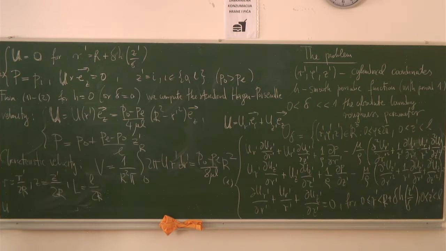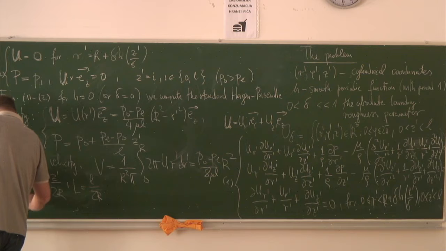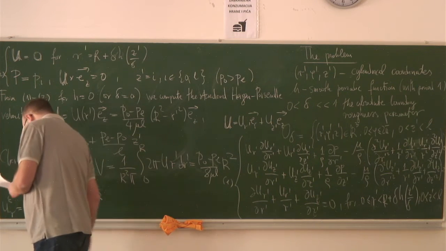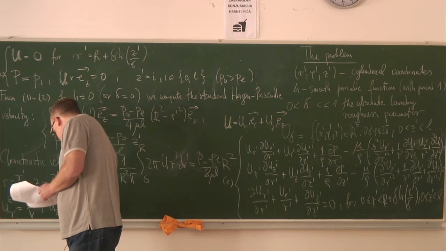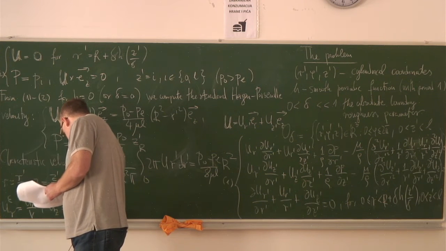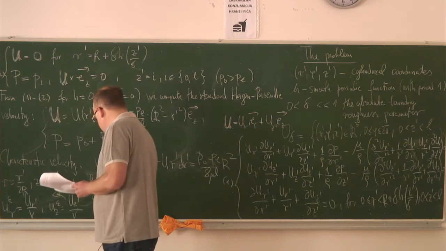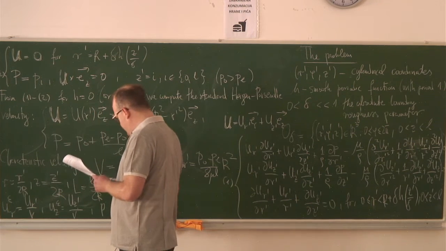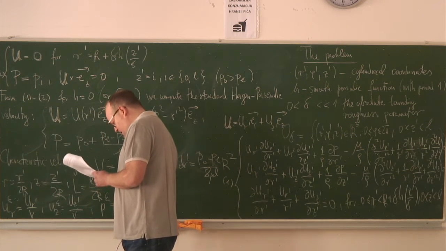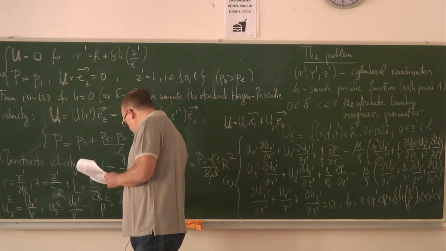The velocity is divided by the characteristic velocity. Here we add the superscript epsilon in order to stress the dependence of the velocity on the small parameter. And we make the pressure dimensionless by putting this.